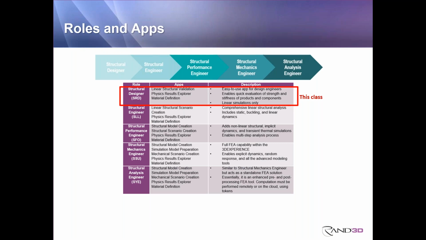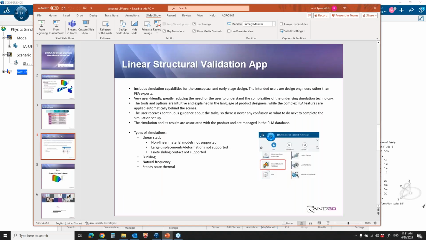So it's a lot more complicated thing. And all the way to the last one, SYE, which essentially is an enhanced pre and post-processor FEA tool. Computation must be performed remotely on the cloud using tokens. Yeah, that's pretty much it.